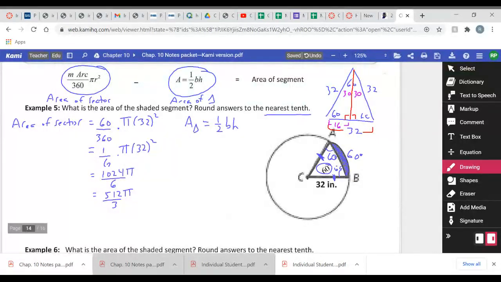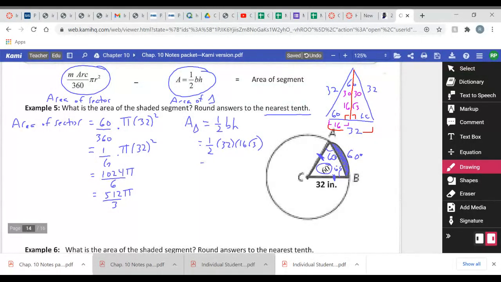So if my short leg across from 30 is 16, and I want to find the long leg, I'm seeing that the height is 16 square root of 3 of that triangle. So I can say 1/2 times the base of this triangle, which is 32, times the height, which is 16 square root of 3.